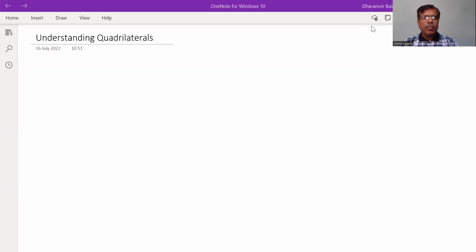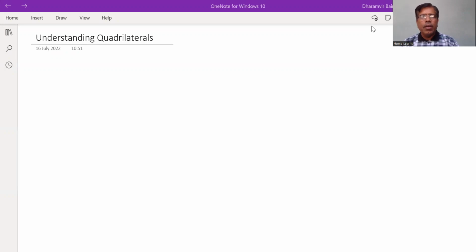A triangle can be a polygon, a rectangle can be a polygon, a parallelogram, a square, a hexagon, a pentagon, all can be polygons. A polygon has more than 2 sides, more than 2 angles, and more than 2 vertices.